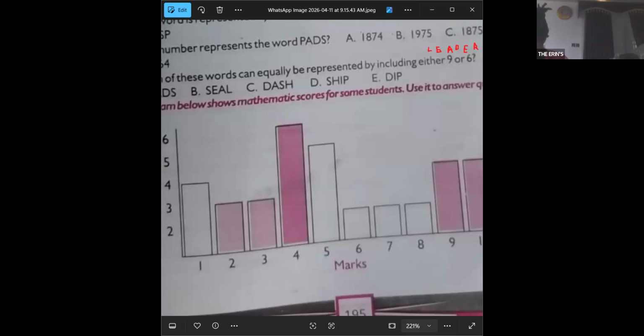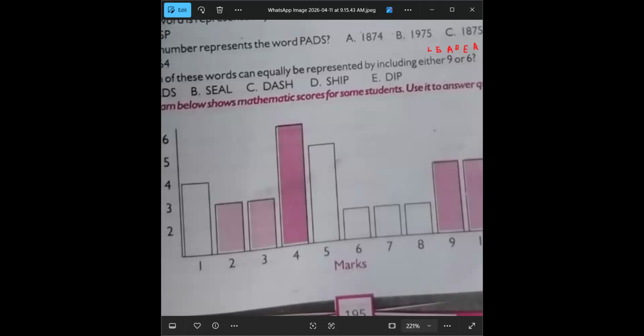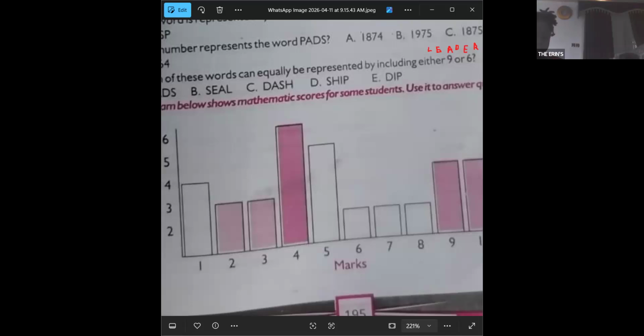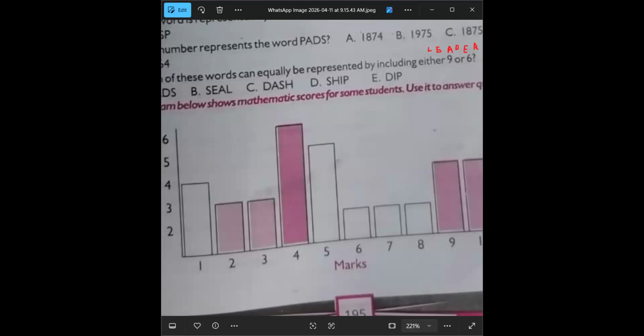Okay. So thank God these questions are quite simple. That's an advantage. Reading of graphs is a skill. No matter how easy what we're doing looks, it's still a skill. And some people, you won't believe it, don't know how to do it.